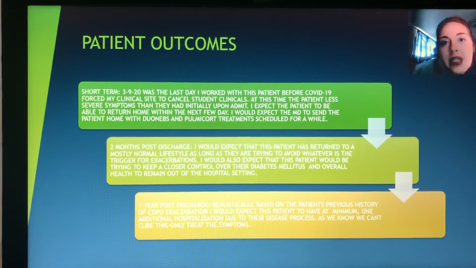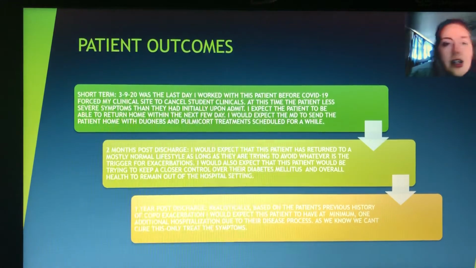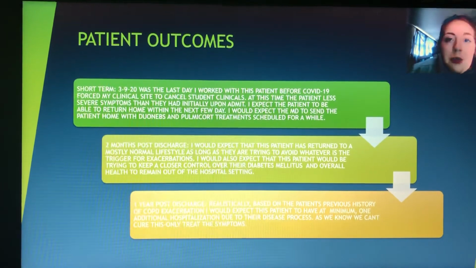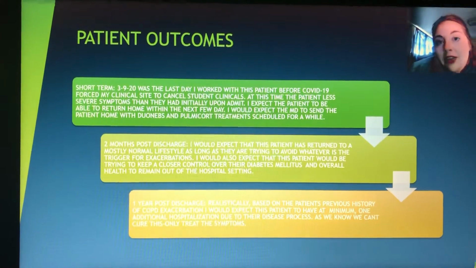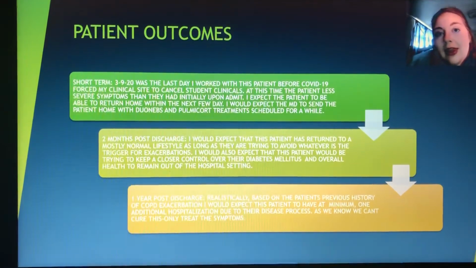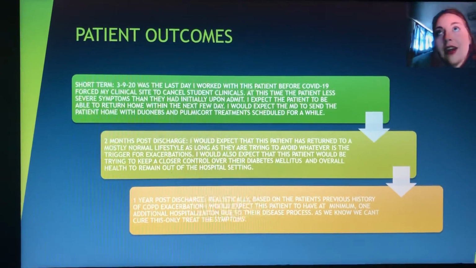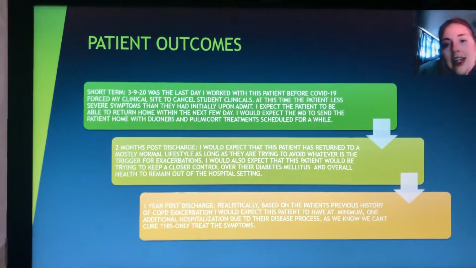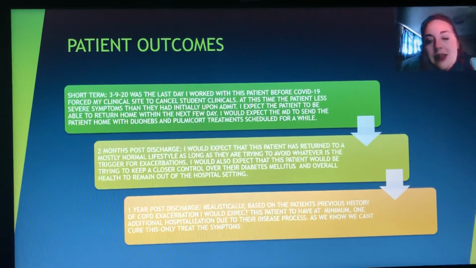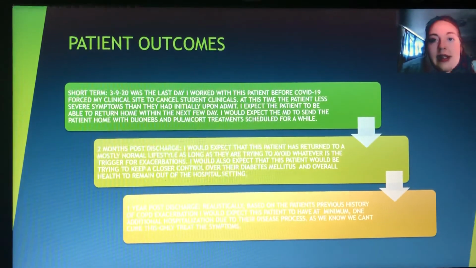So then looking forward yet a little bit farther, 1 year or so post-discharge, regardless of how healthy a patient is, the disease process of COPD is something that these patients are probably going to experience ups and downs with.